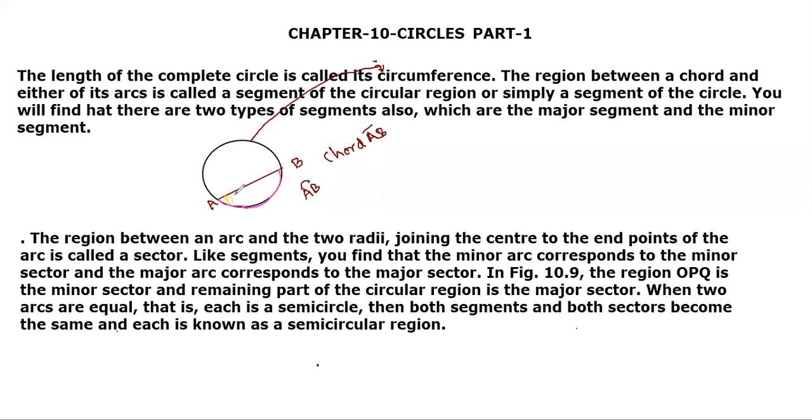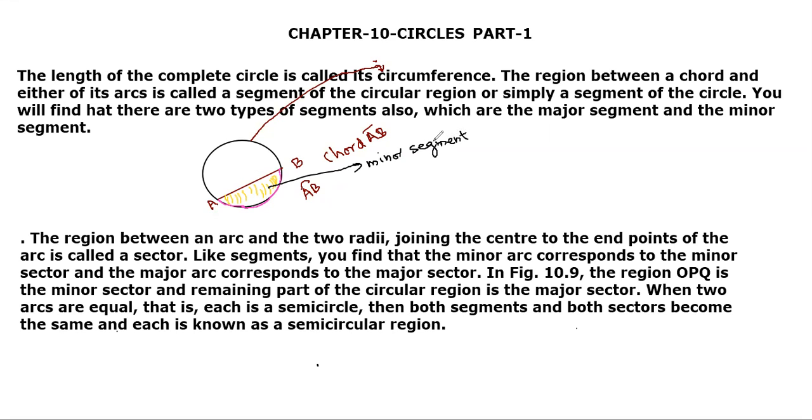This region is called a segment. So you have two segments. This smaller one is called the minor segment. Segment is the region between chord and arc.